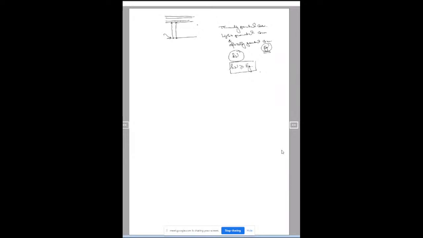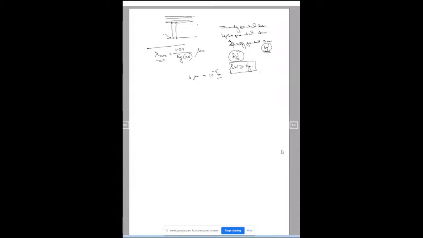If we put in the values of the physical constants, this finally boils down to the maximum value of lambda, because lambda large means the frequency is smaller, and lambda small means the frequency is higher. So the maximum value of lambda will be 1.24, if you put in the values of the physical constants, divided by the band gap of the material in electron volt, this much in micrometers. 1 micrometer is 10 to the power minus 6 meter.